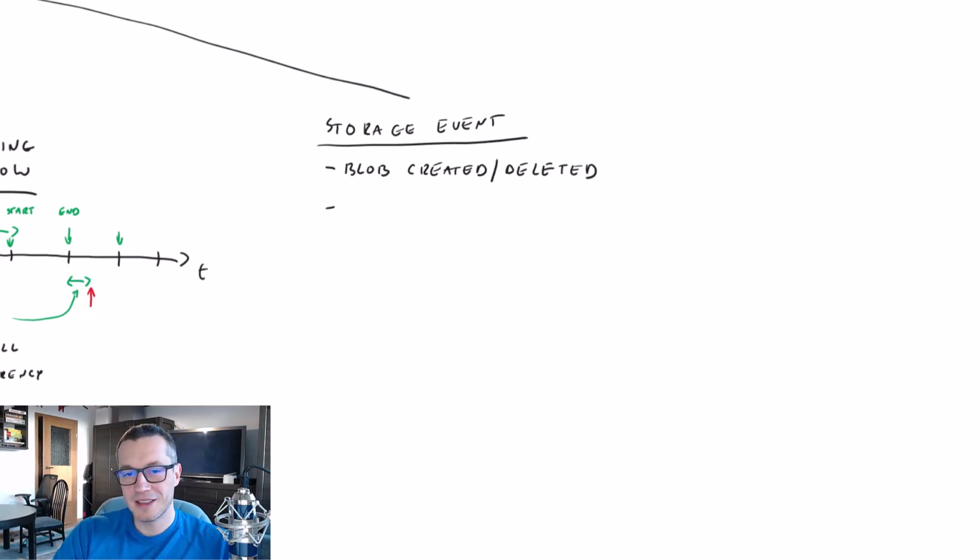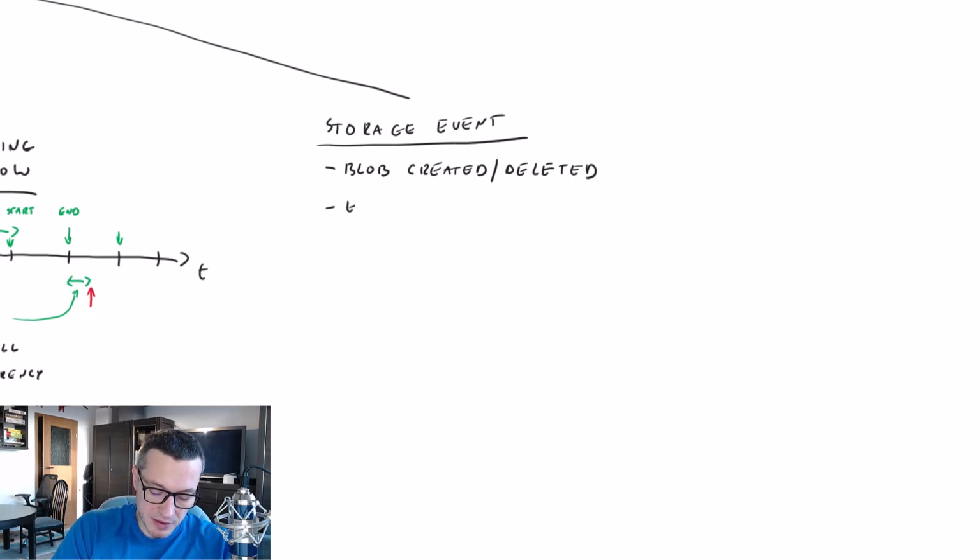Which means that it allows us to respond without any delay. As soon as, let's say, a user uploads a file to a storage account, we can execute our pipeline that would pick this file and process it.